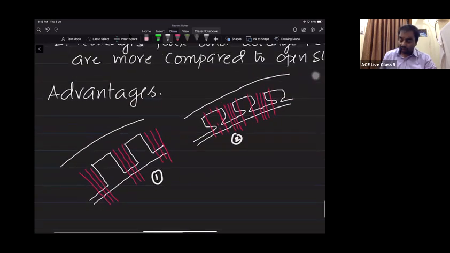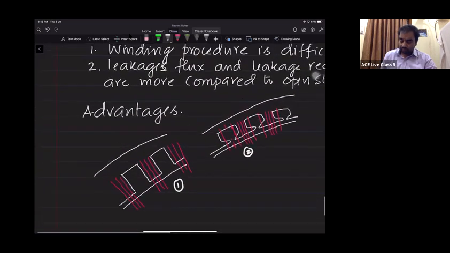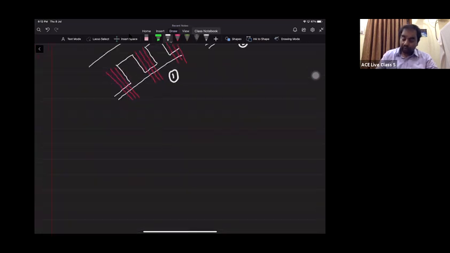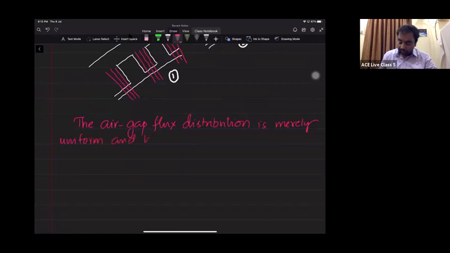Right. Can I give the note here? What is that? So the first advantage is the area of flux distribution is merely uniform, and hence harmonic torques are reduced.